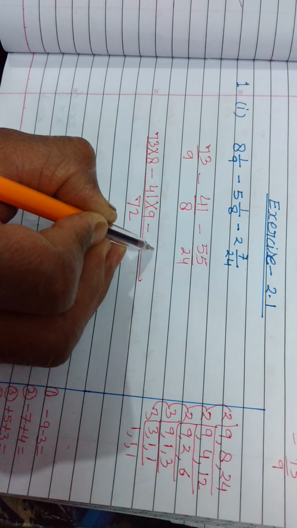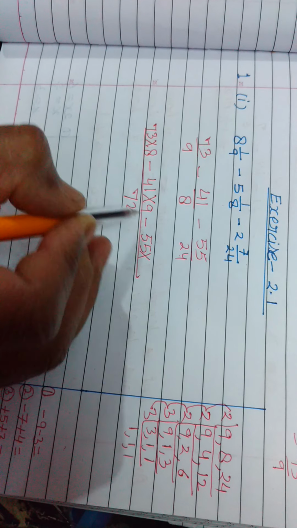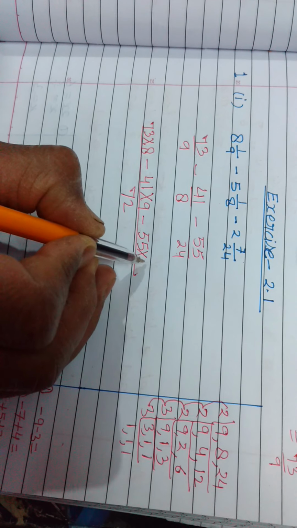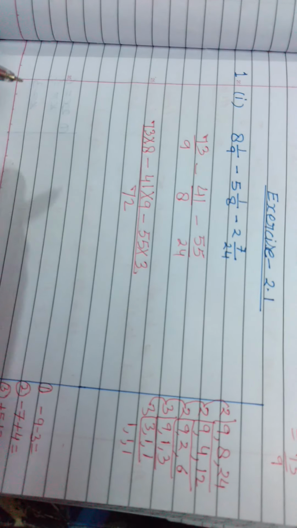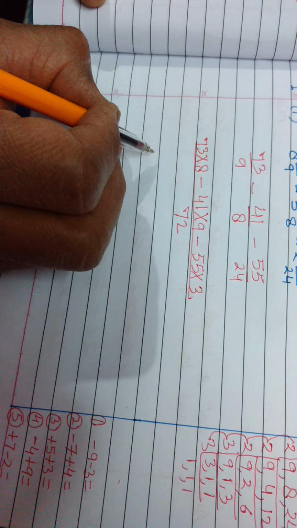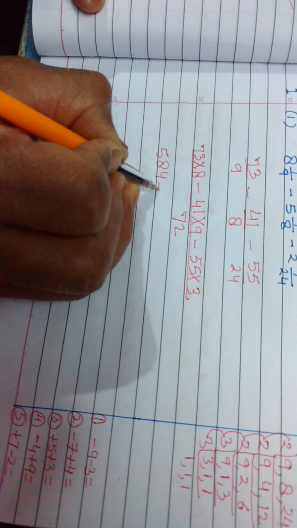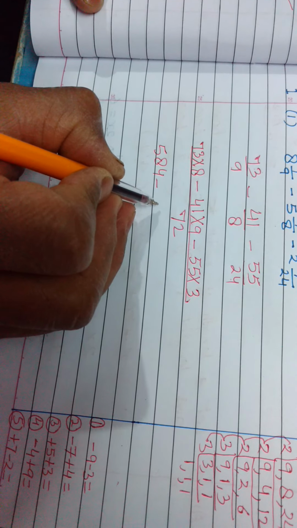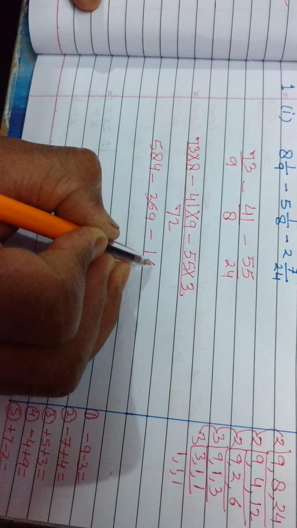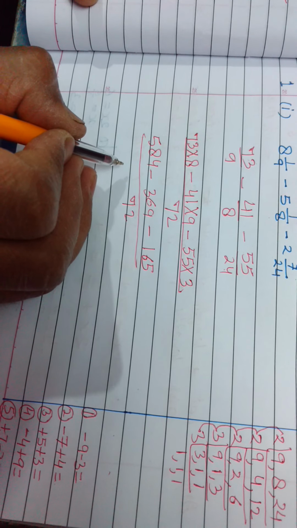Then minus 55 into, divide this number by this 24: 3 times, it will come here 3. So when you multiply this, now we multiply this 73 into 8, it will come 584, minus, if you multiply this, it will come 369, minus 165 upon 72.